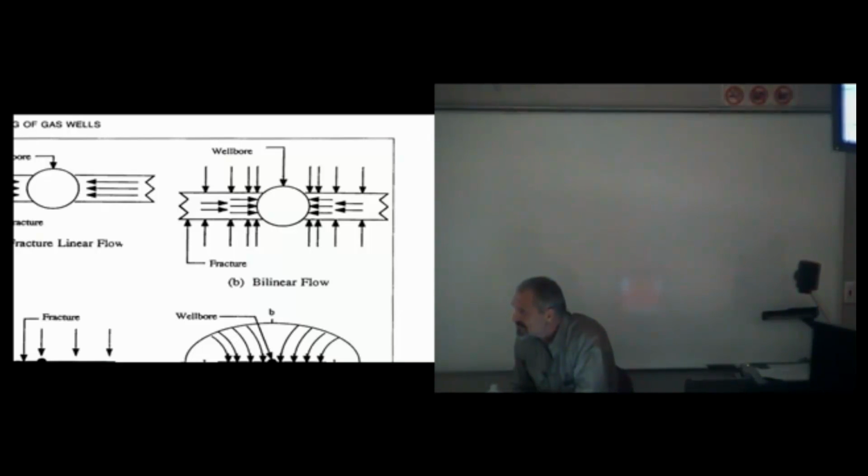Can you see this in an oil reservoir? Yes, every Barnett shale well has bilinear flow, three months, six months of it. It plots as a quarter slope. But the Barnett's gas, or mostly gas. Yeah. Oh, in an oil well. I think if I looked at an Eagle Ford, I could see bilinear flow.